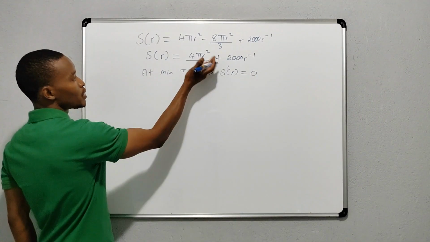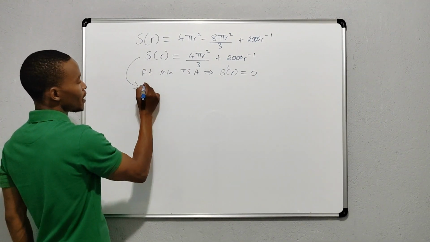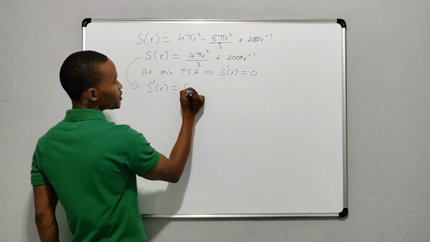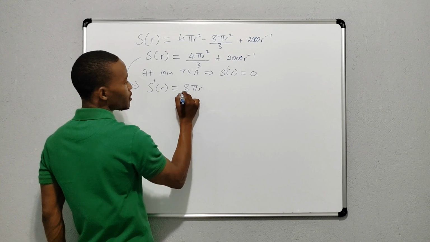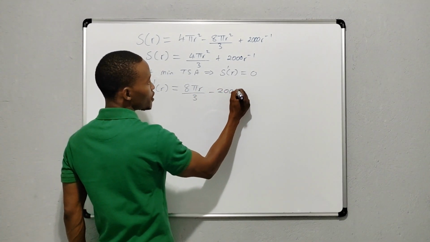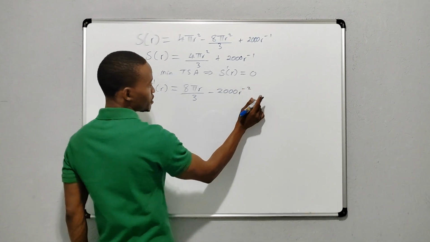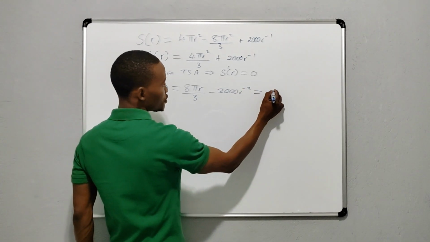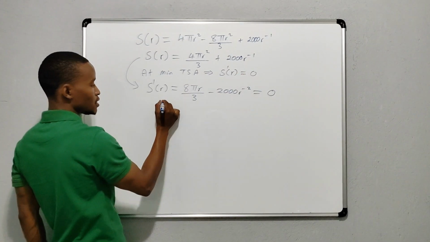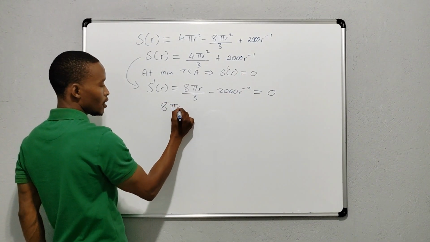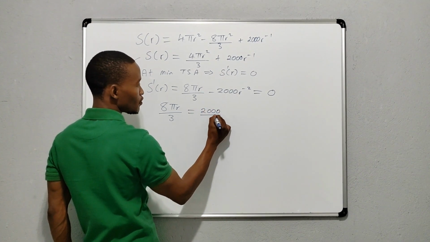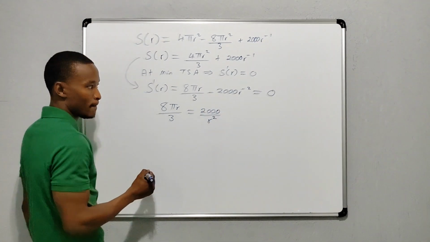So we bring it down here and find S prime of r being what? 8 pi r over 3 minus 2000 r to the power negative 2 is equal to 0. Now transpose there. 8 pi r over 3 is equal to 2000 over r squared.